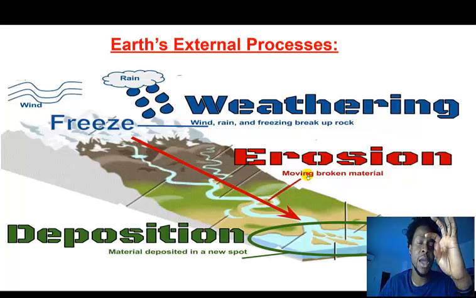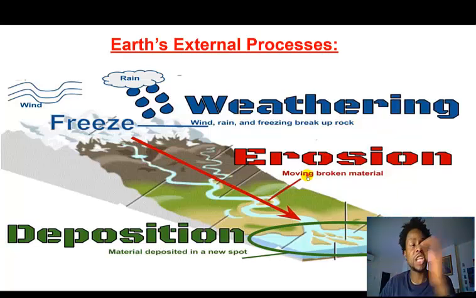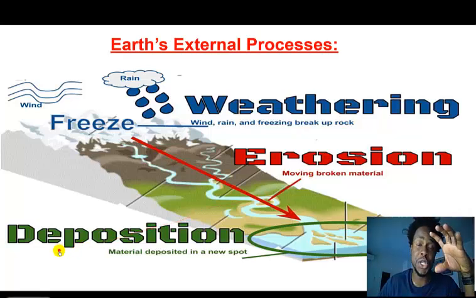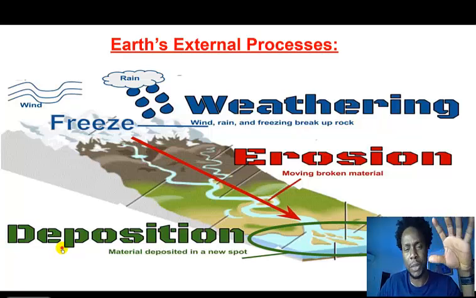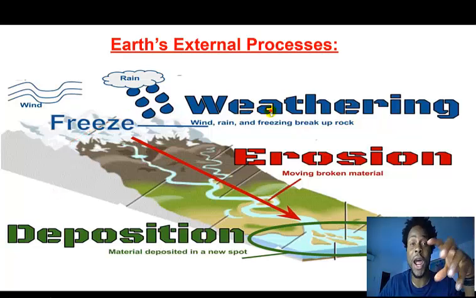Erosion, on the other hand, moves the sediment, transports the sediments. And the last one, deposition, drops or deposits those sediments in a new environment, in a new place. And all along these various processes and these various rides, different lands or different landforms are produced.